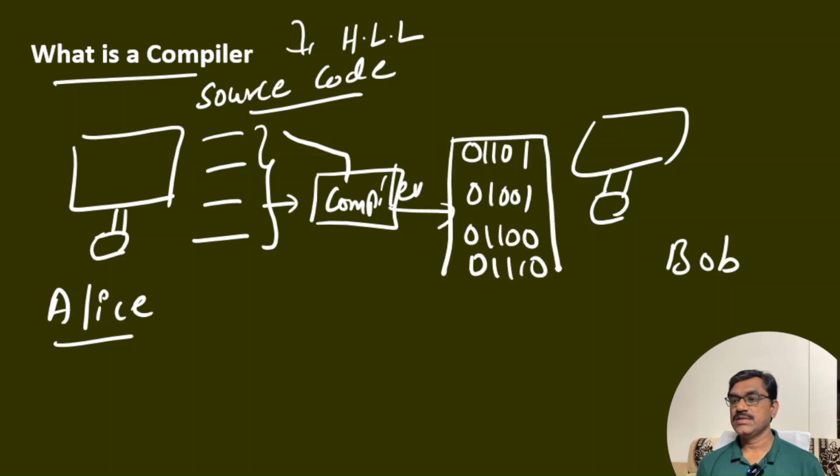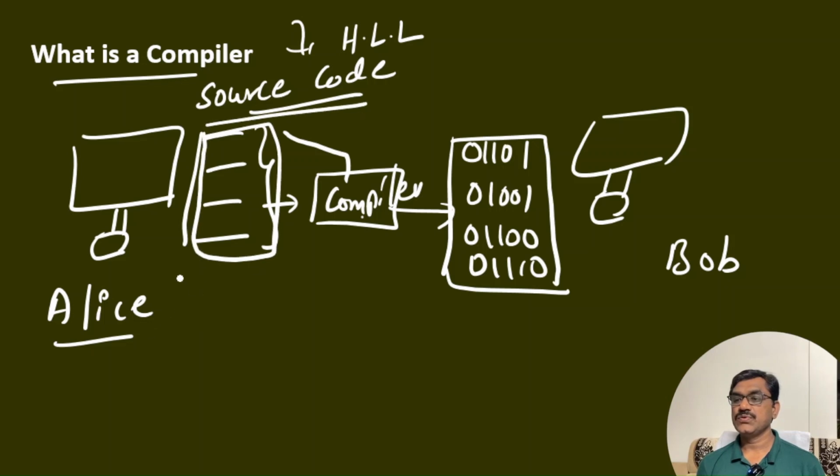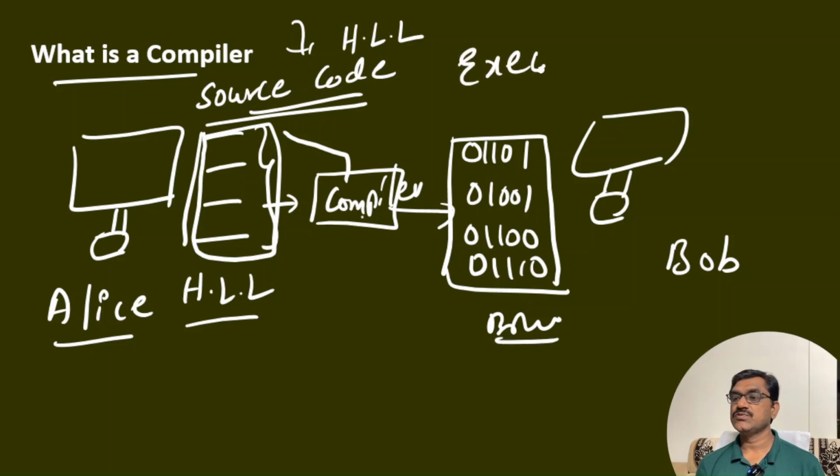This is the code generated by the compiler at a time by converting the 4 lines of statements, or the source code, which is written in high-level language, into binary language. The code which is generated in binary, we call it executable code.